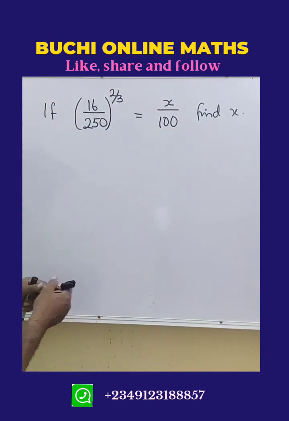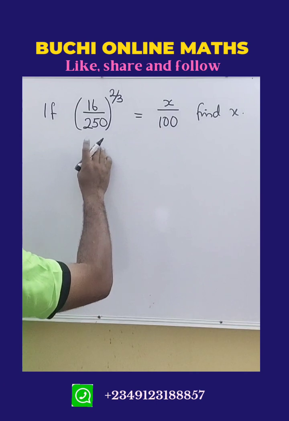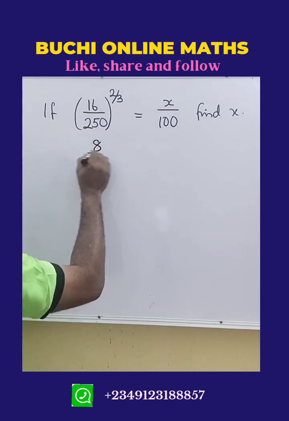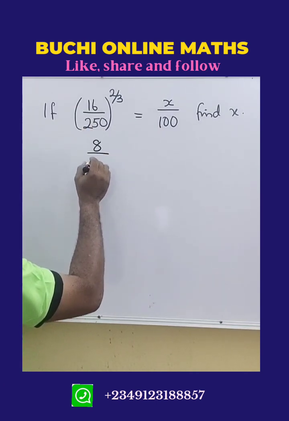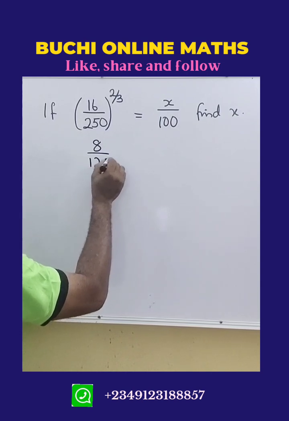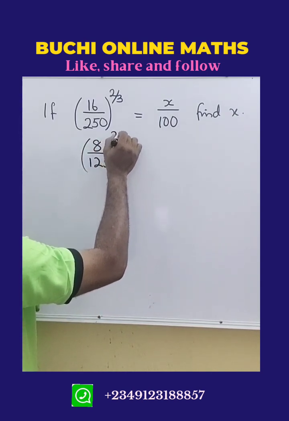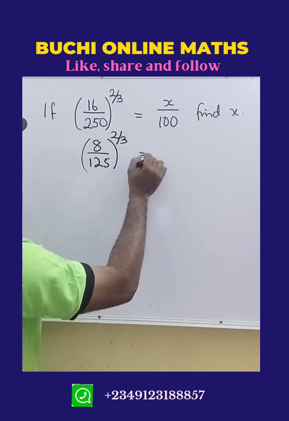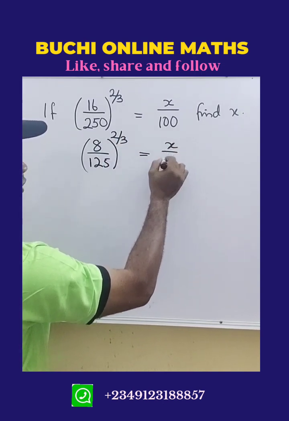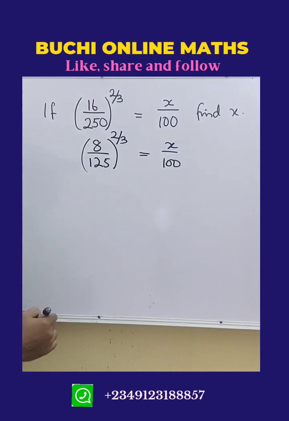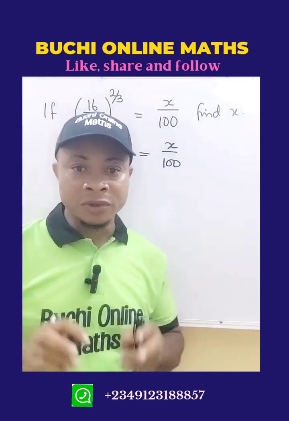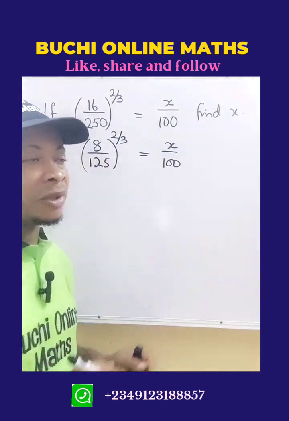So let's divide 16 by 2. It will give us 8. Divide 250 by 2, it will give us 125. Okay, we put it in parentheses and raise them to the power 2 over 3 equals x over 100. This is the first step you are going to take in order to solve this question.